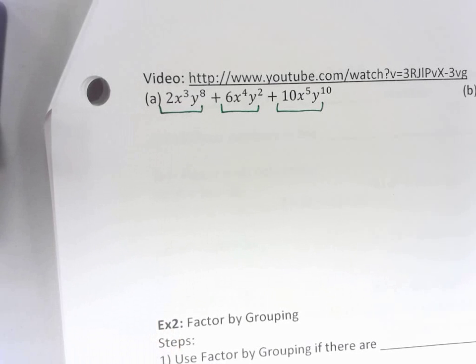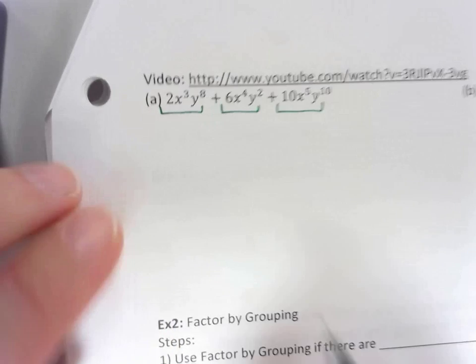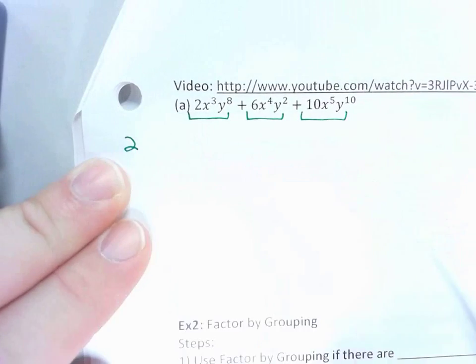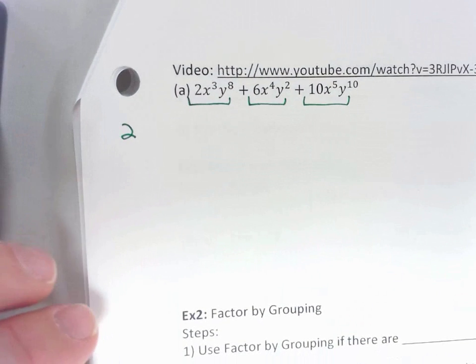Okay, let's look at my coefficients. What is the GCF of 2, 6, and 10? 2. The highest number that multiplies into them is a 2, so I take out a 2. And then we have to go through my variables and figure out what variables are part of the GCF too. I look at my x's. Do they all at least have an x? What is the lowest exponent on the x? 3.